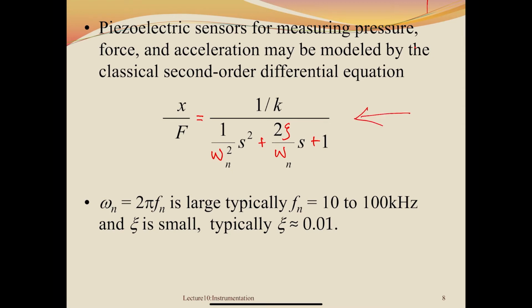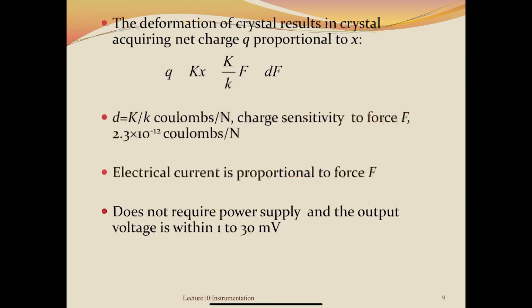Omega n is the natural frequency. The natural frequency for this kind of sensor is large, typically between 10 to 100 kilohertz. The damping ratio is small, which is around 0.01. The deformation or displacement of the crystal results in charge.